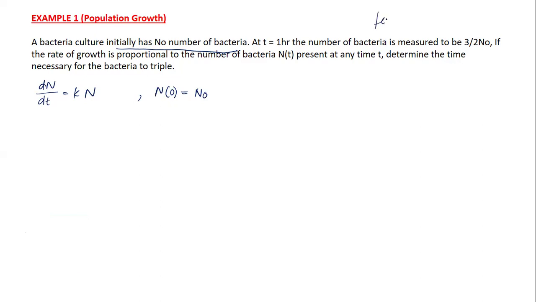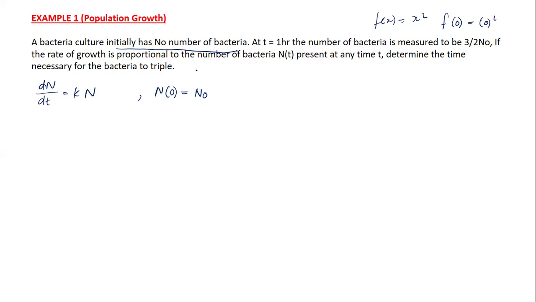Same as f of x equals x squared, you will say f at 0 will be 0 to the power of 2. But here, this is not the 0 thing, it's just the number of bacteria. Maybe at time 0 hours, we had 200 bacteria.